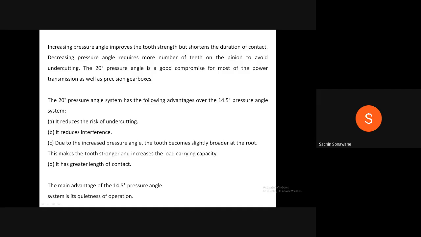This makes the tooth stronger and increases the load carrying capacity, which I have explained to you. It has greater length of contact. The main advantage of the 14.5-degree pressure angle system is its quietness of operation.